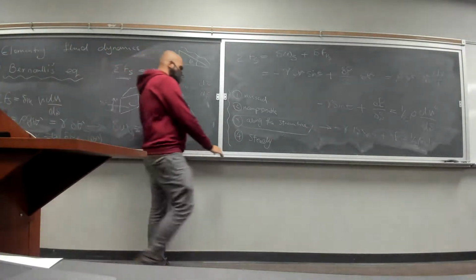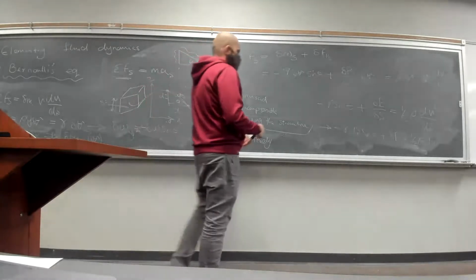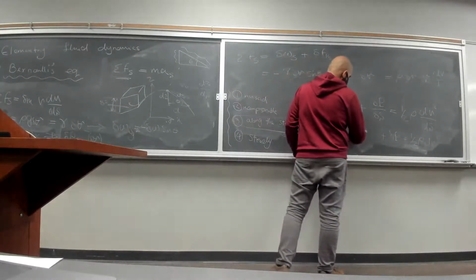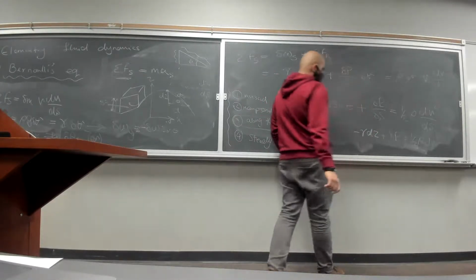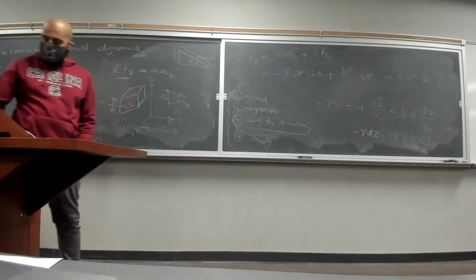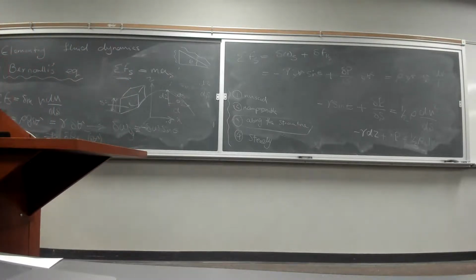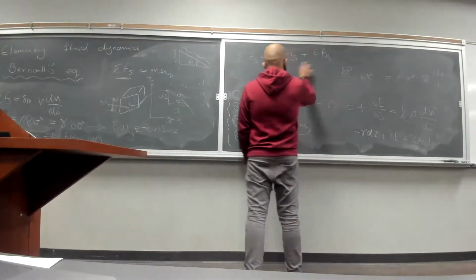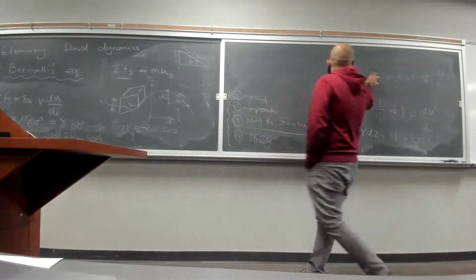Do we understand that? Okay, so if you replace that here, your ds sine of theta is going to be equal to negative gamma dz plus delta P equals 1/2 rho dV squared. Again, we are moving along a streamline between two locations. So these derivatives are going to be equal to the differences between the two locations.